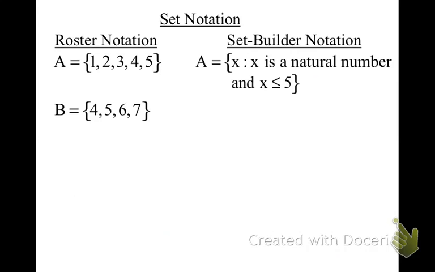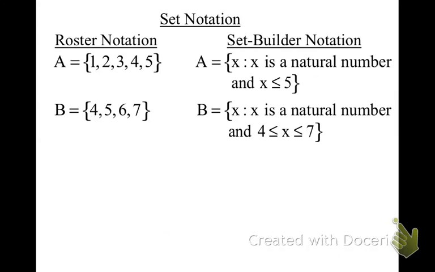And now we're going to have to show both boundaries. So we know it's part of the naturals. X is greater than or equal to 4 and less than or equal to 7. You can write it as an in-between, or you can write the word and.